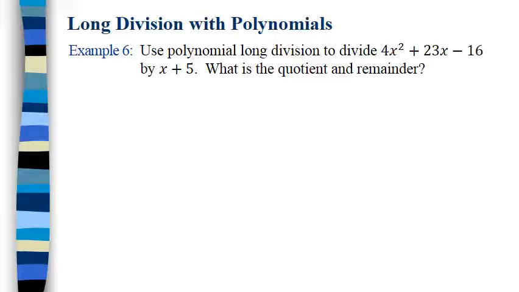Okay, so in this example, we are going to divide 4x squared plus 23x minus 16 by x plus 5. Now, in the long division you remember, we write 101, we don't write it as 11, we write it as 1, 0 tens, and 1 one.